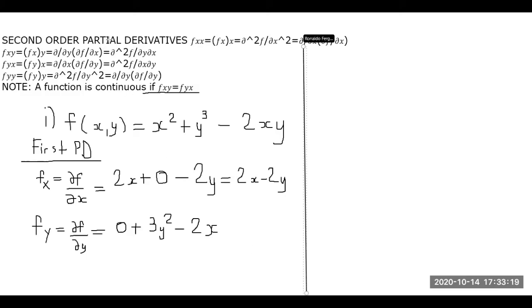Let's do that in a different color. Let's go for blue, true blue. Now we're going to find our second partial derivative, which is fxy. To find fxy, this just means that we differentiate with respect to x first and then differentiate with respect to y.